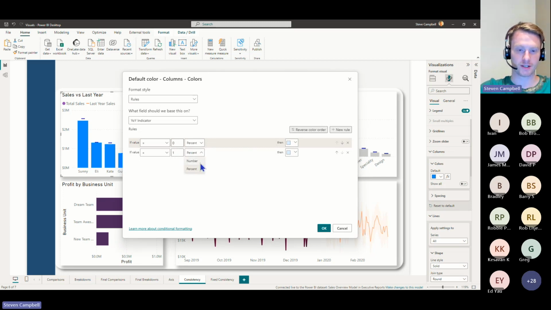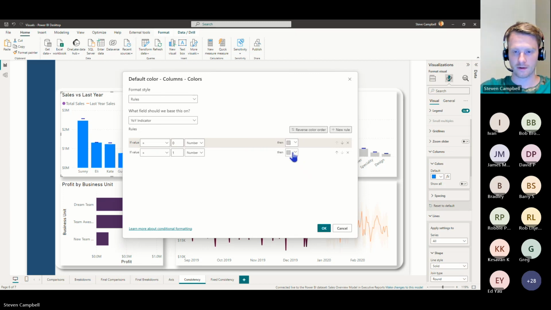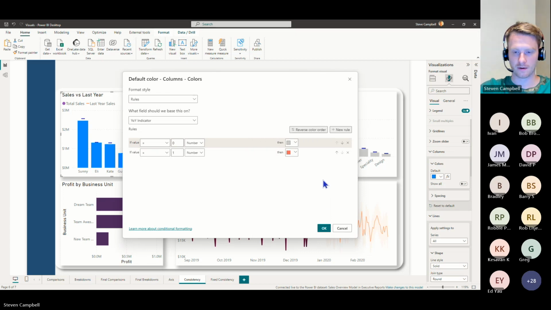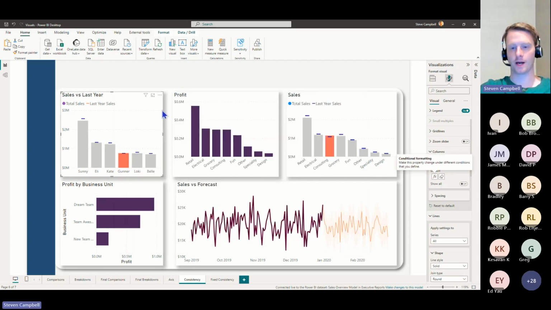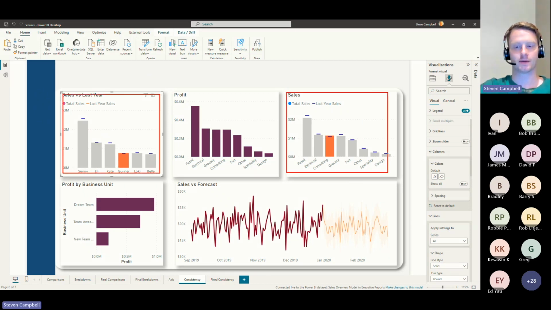I'm just saying if it's a 0, we're going to do a gray this time, and if it's a 1, we want to do a red. And there we go.